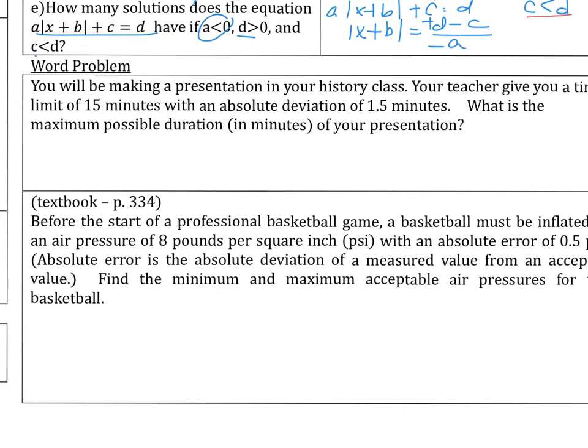So if c is less than d, then this difference here must be positive. And there's a negative sign next to a. Positive over negative makes negative. So if the absolute value is equal to a negative number, then we have no solutions for this case.